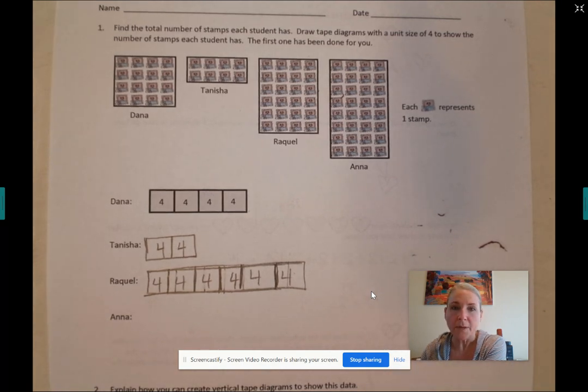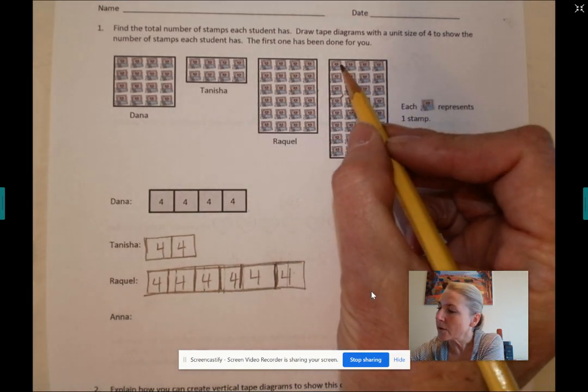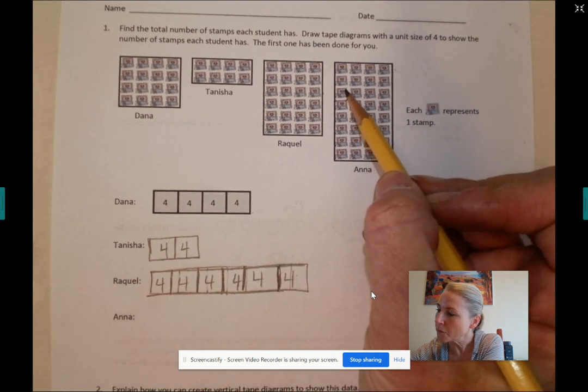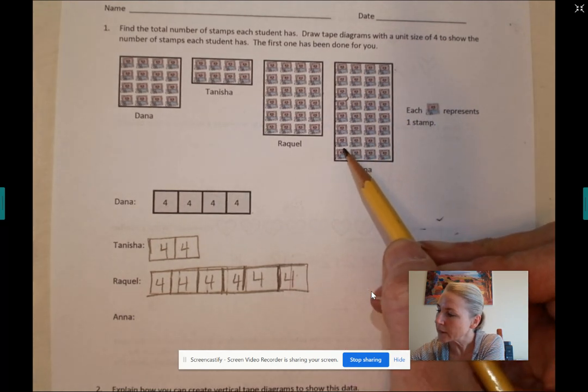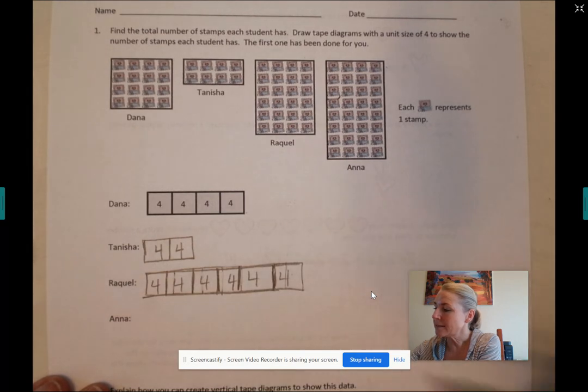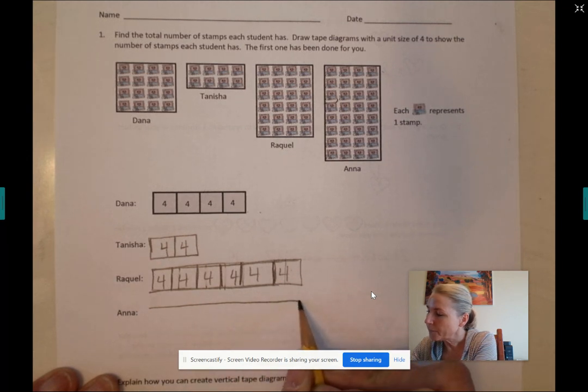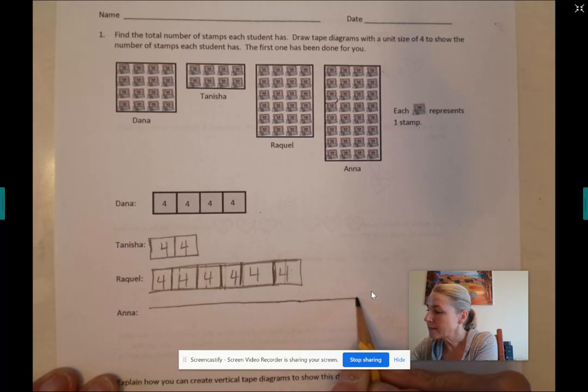And Anna has also 4 columns, a size 4, 1, 2, 3, 4, 5, 6, 7, 8. So she has 8. When I go to draw this, I am going to pull this across. This would make about 6, that would make about 7, 8.